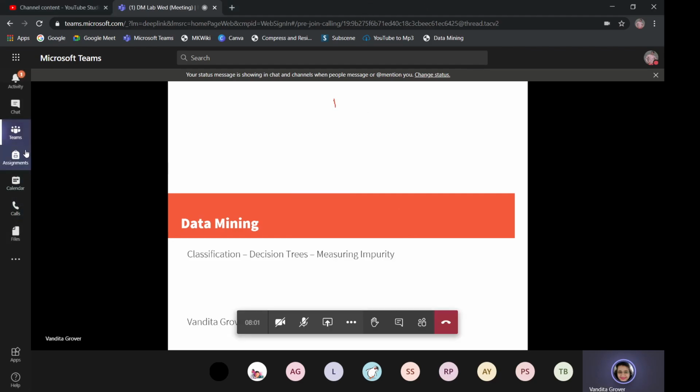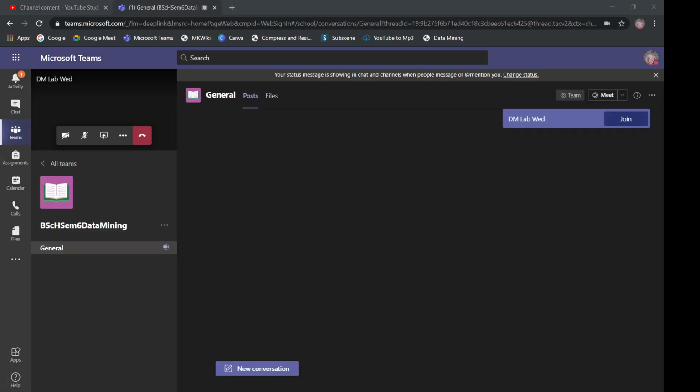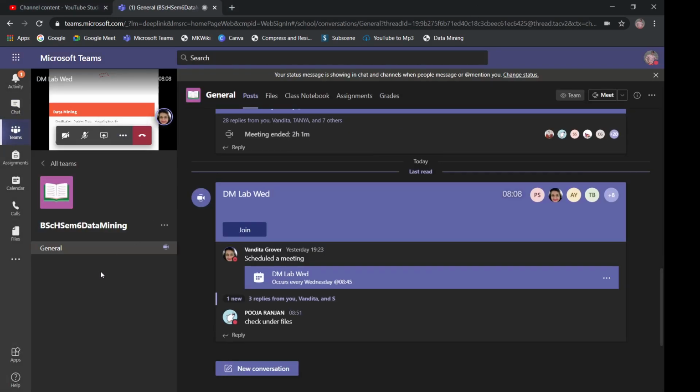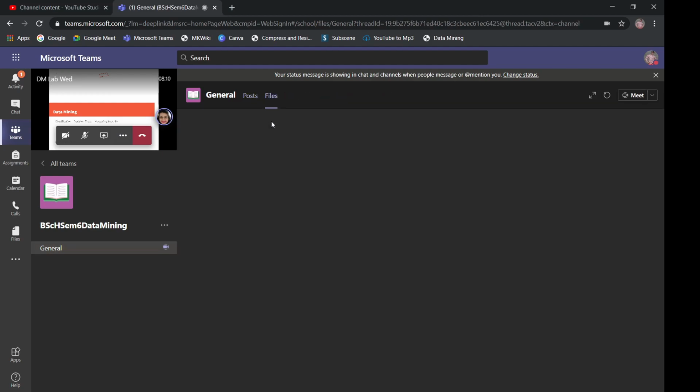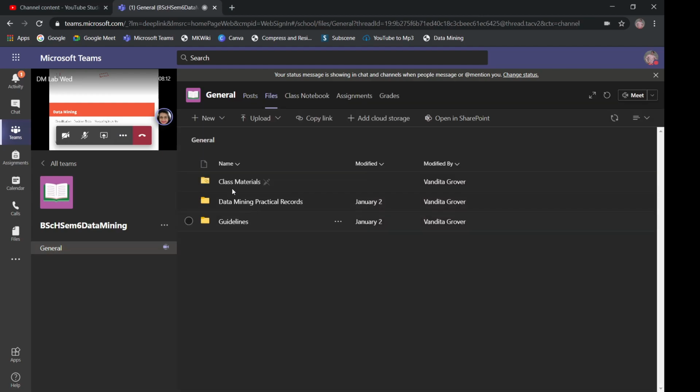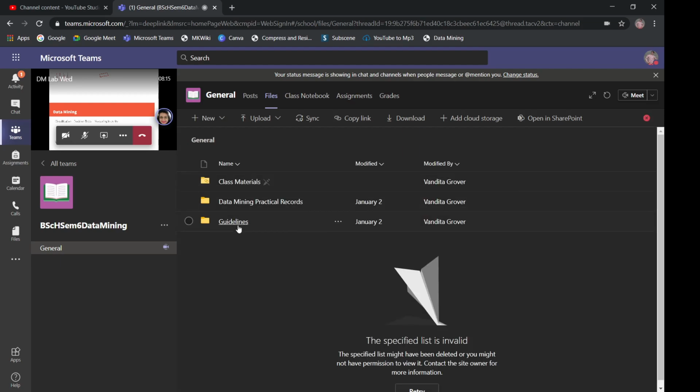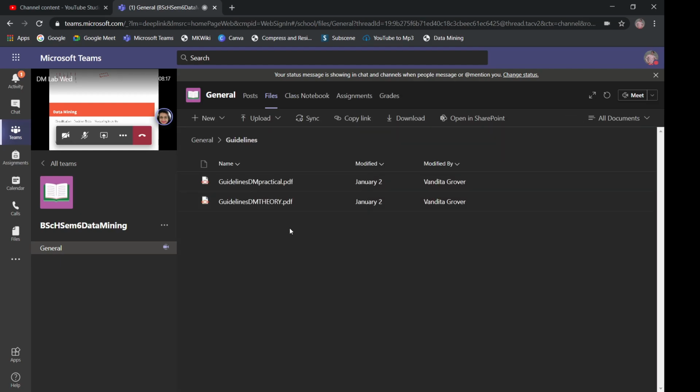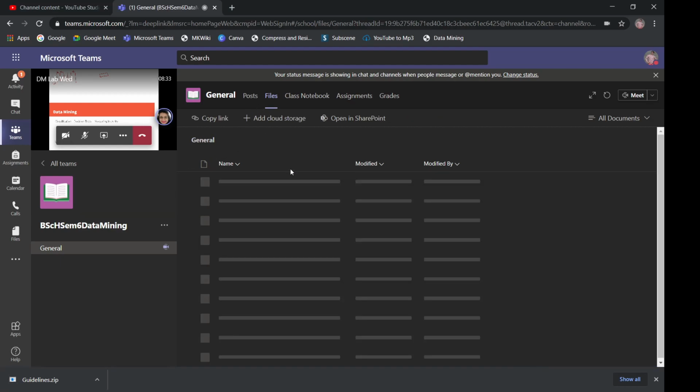When we have to decide that there is a node and it has to be split, how do we choose an attribute on which to split? If there are k attributes, let's assume that we have 100 records in our training set.